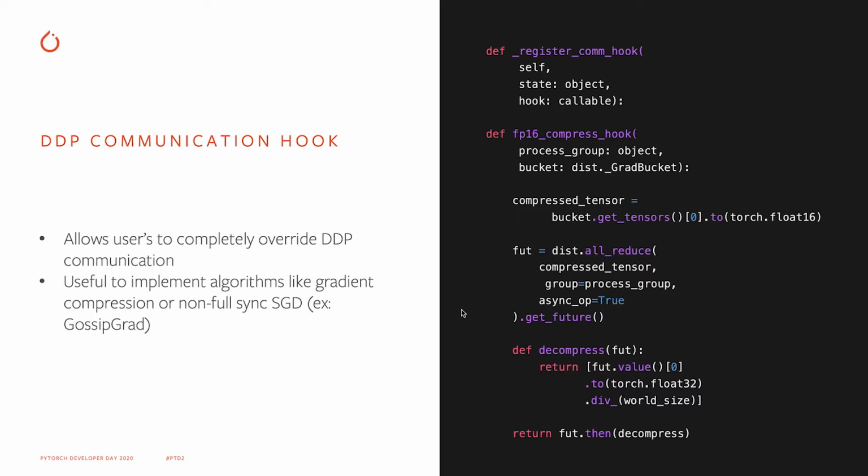One example here is if you want to do FP16 compression of gradients before you communicate them, you could have a callable like this where you compress the gradients, convert them to float 16, all reduce in float 16, and then finally decompress back to float 32. So this is one example.